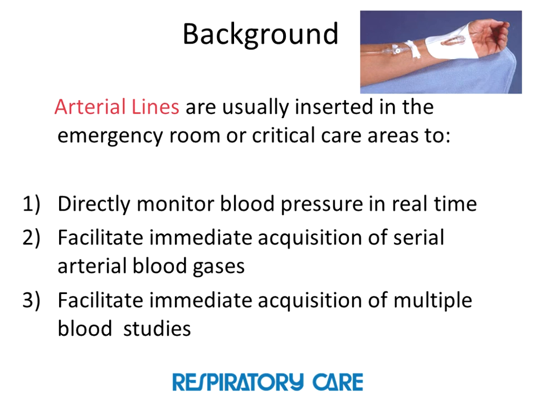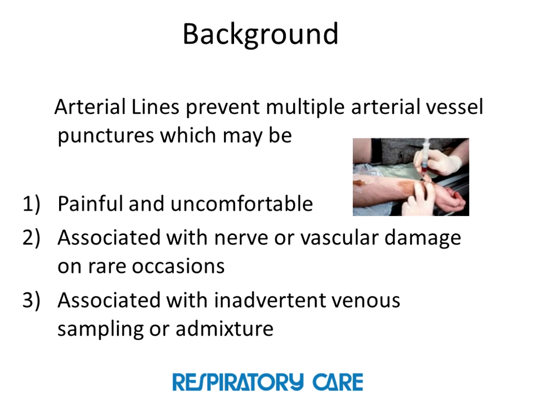So the arterial line has, in some cases, we try to avoid, in all cases, in fact, invasive catheters, but in certain situations they are unavoidable. And we're going to talk about the practice of inserting those catheters today.